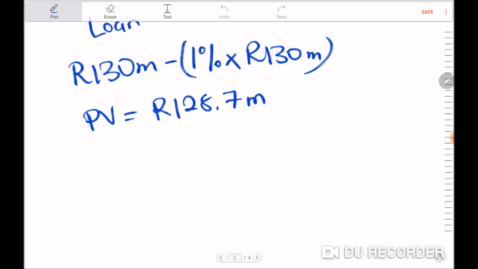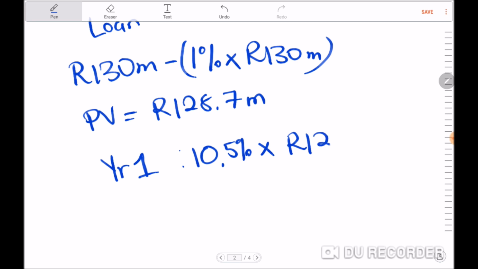So in terms of the interest, in year 1, my interest will be what? 10.5% of how much? 10.5% of 130 million. So I calculate my interest on the principal and not on the present value that I received.